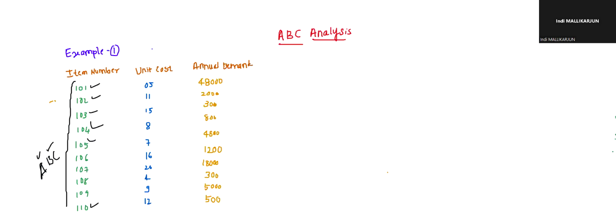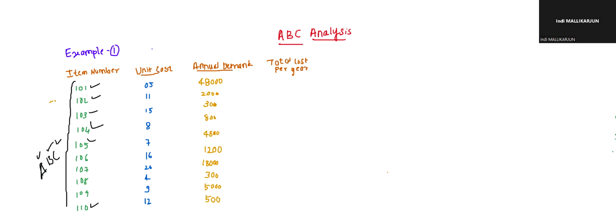Before doing this, we first have to calculate the total cost per year of each item. This is annual demand and this is unit cost.